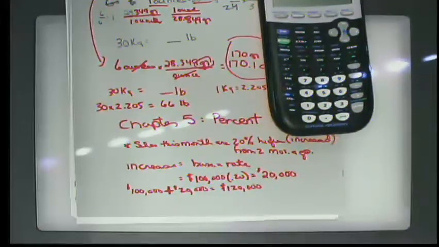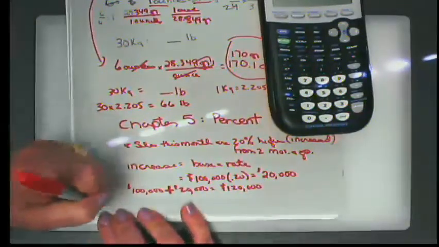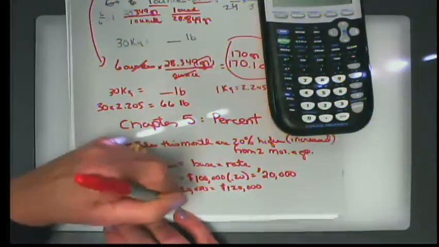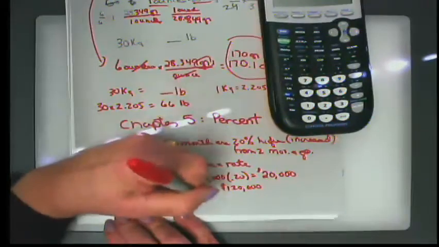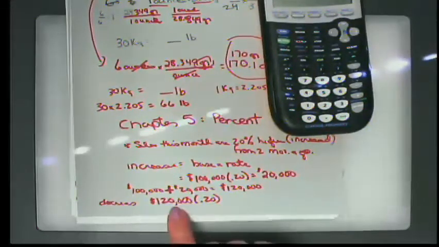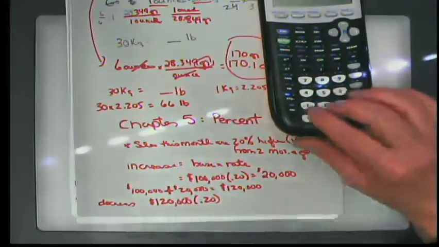So what would you do? Next one, 14. Okay, this one decreases. So we had $120,000 in sales last month, and it decreased by 20%. So what's my dollar decrease? So I'd take the $120,000 and multiply it. Yep, because 20% of $120,000 is how much it decreased.